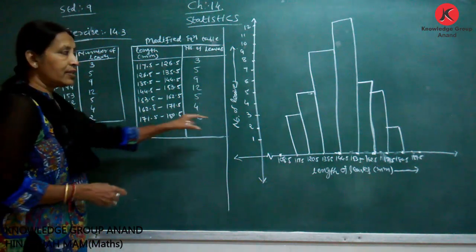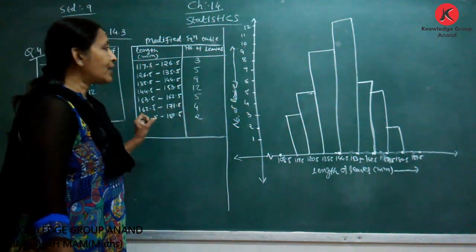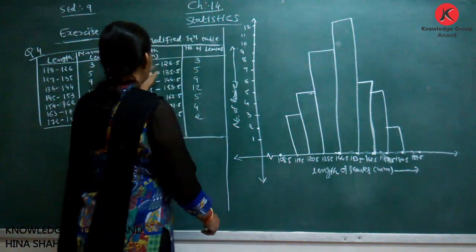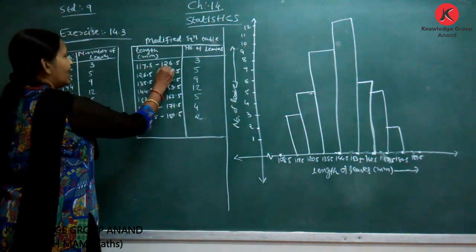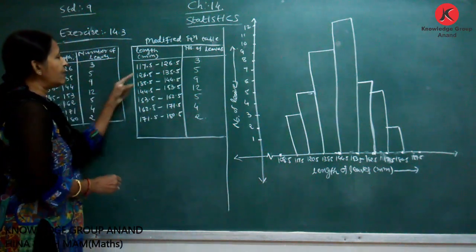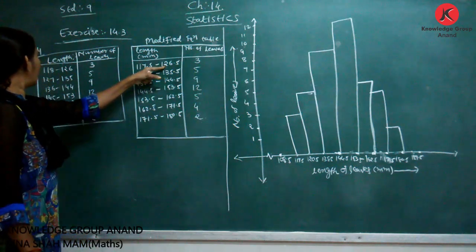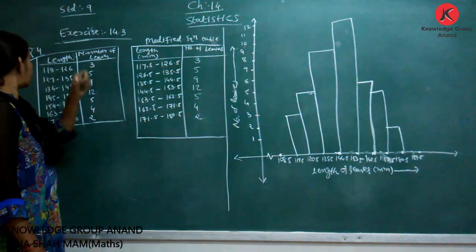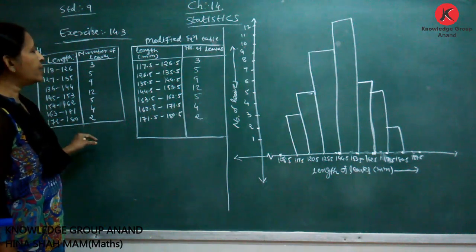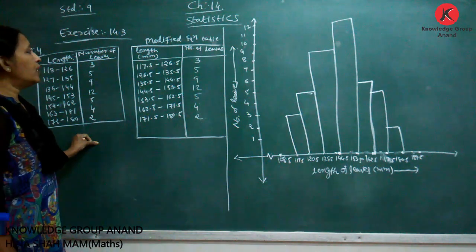Now question 2. Did you draw any graph? Yes, we draw a frequency polygon using the mid value. First we find its mid value. Mid value is (117 + 126) divided by 2, that is 244 divided by 2, 122.